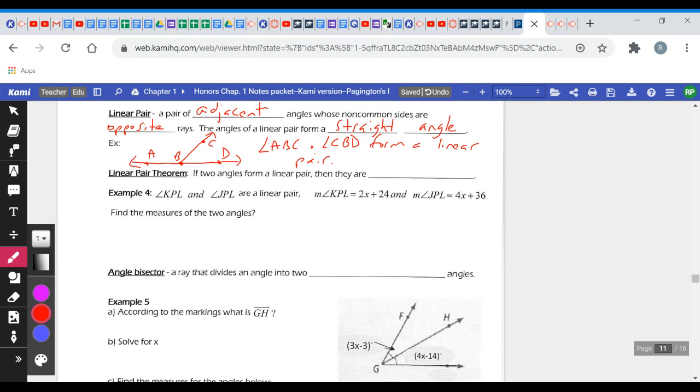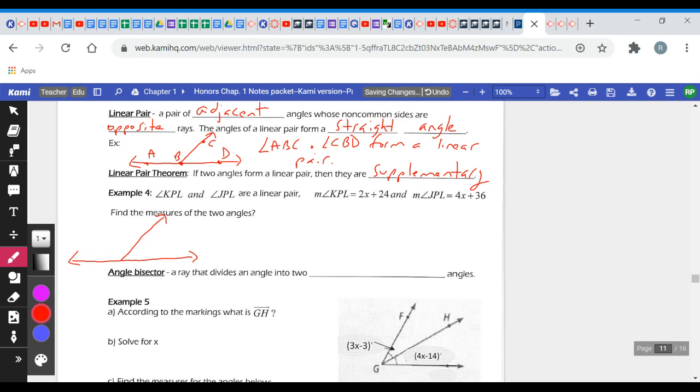Then the linear pair theorem says if two angles form a linear pair, then they are supplementary. Okay. And on example 4, it is telling you that these two angles are a linear pair, and they want you to find the measures of the two angles. So I would recommend drawing a picture. If I know it's a linear pair, then I know it is two angles forming a straight line together.